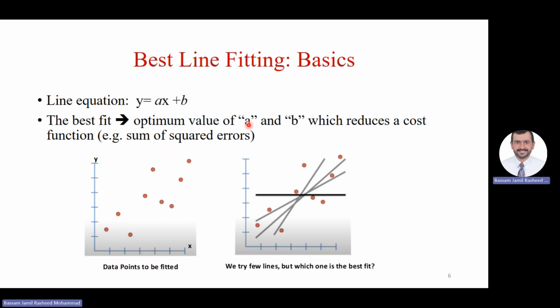And we'll do that analytically in a very few slides. But this is really the process in a simple linear equation where you have just one independent variable. You are just optimizing the slope and the intercept.